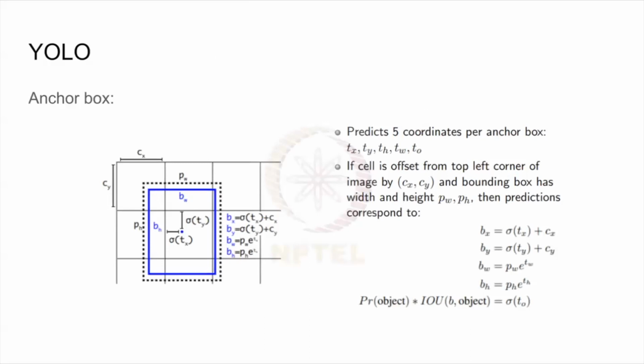I'm not sure how exactly they use the anchor box, I can look it up and tell you. But my understanding is that they replaced the grid system, because in the grid system there were a lot of grids to predict, and they were getting a lot of region bounding boxes per grid. So now they have used the anchor box, which was much faster than that.